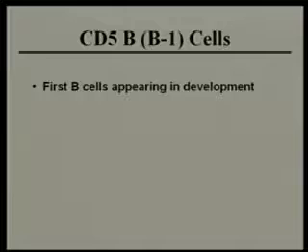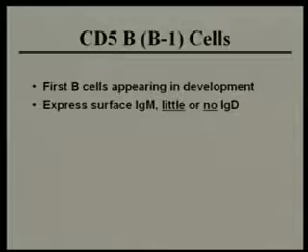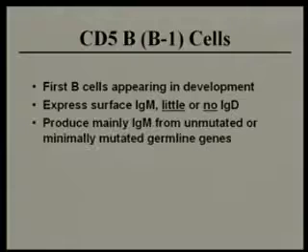And if you look at the CD5 cells versus the typical B cell, these B cells are the first ones that appear during development, more immature B cells. They're different in that they express IgM with little or no IgD on the surface. They produce mainly IgM from unmutated or minimally mutated germline.